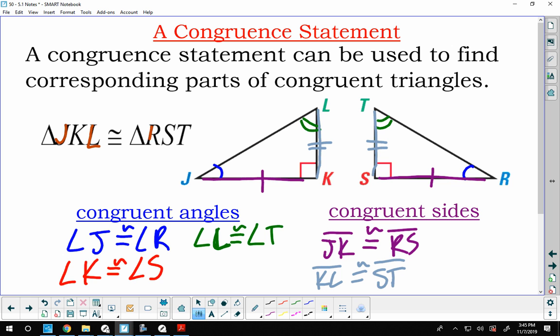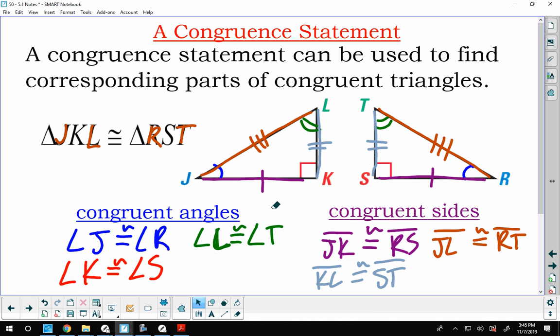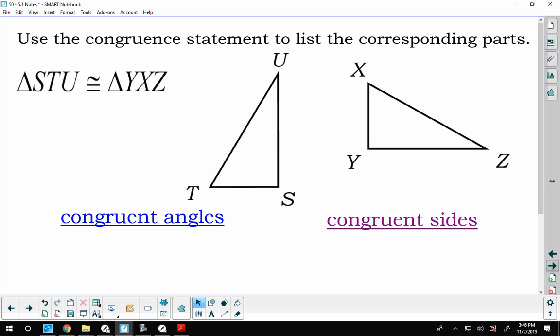So JL is congruent to side RT. So using your congruent statement is actually very helpful to identify corresponding parts that are congruent.